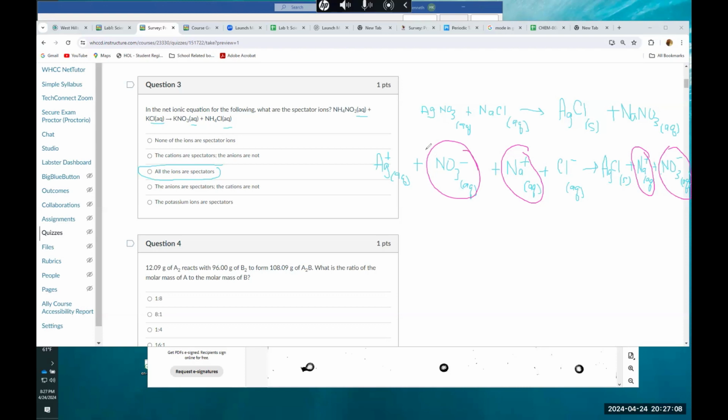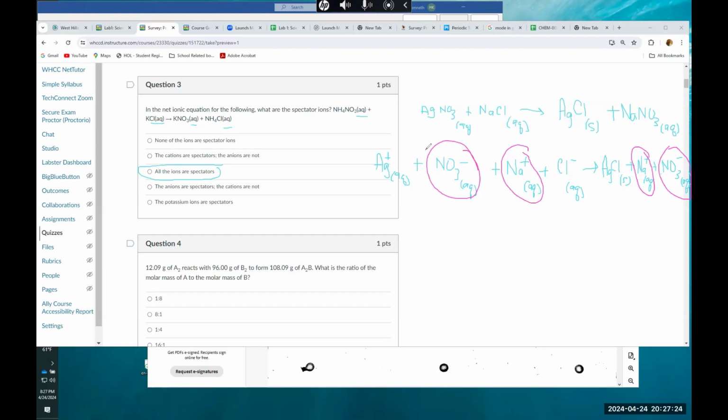Spectators basically means, I like to explain it as if a person goes to a party with someone and they just sit on the wall and they don't hook up with anybody, they don't talk to anybody. They're spectators, right?